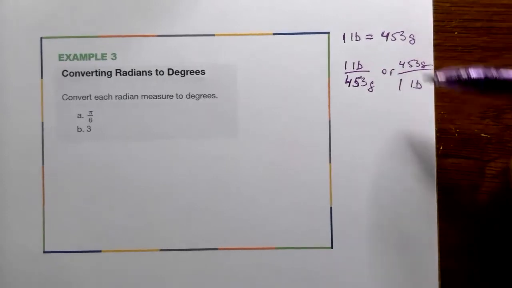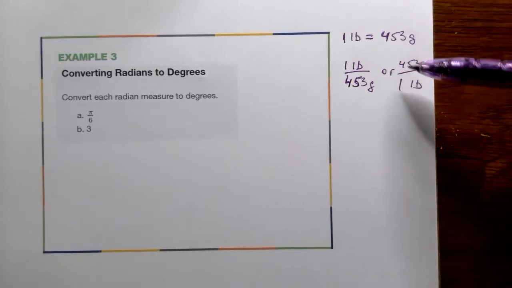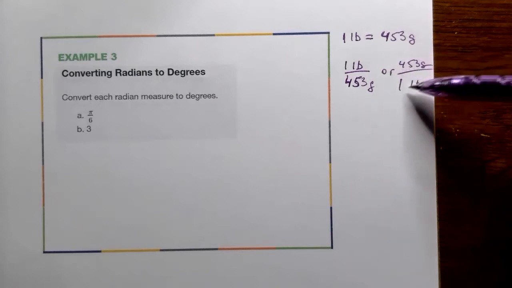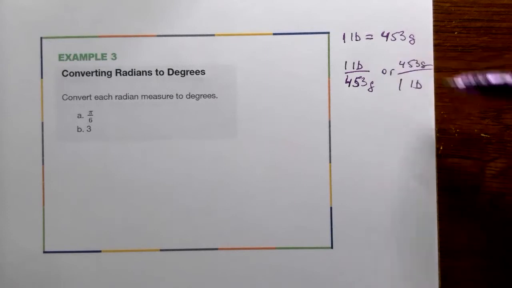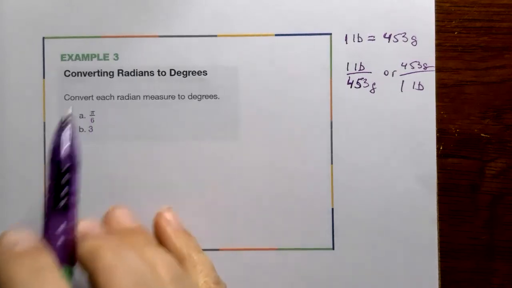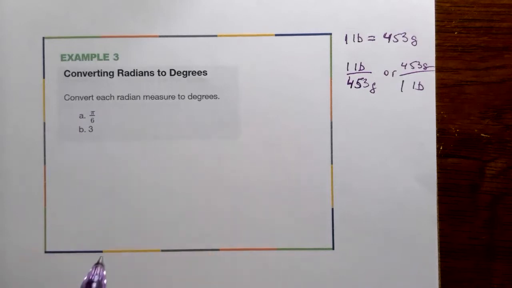But if you want to convert pounds into grams, you would multiply by a unity fraction, cancel, and leave with the grams. So whatever units you are after, you want them to be in the numerator of your unity fraction.